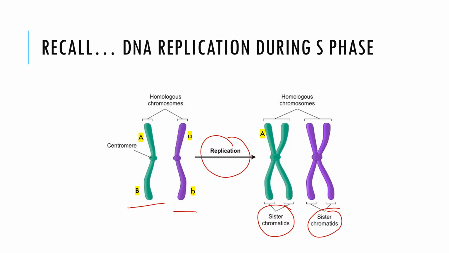If this one has capital A at the top, its sister chromatid will also have capital A. If it has capital B, its sister chromatid will also have capital B. Same thing for the other one, lowercase, lowercase, lowercase, lowercase. So because I've gone through replication, which means I just photocopy it and stick the two together, I get 4 sister chromatids with 2 homologous chromosomes. So remember, the whole thing is called a chromosome. Each half is called a chromatid.